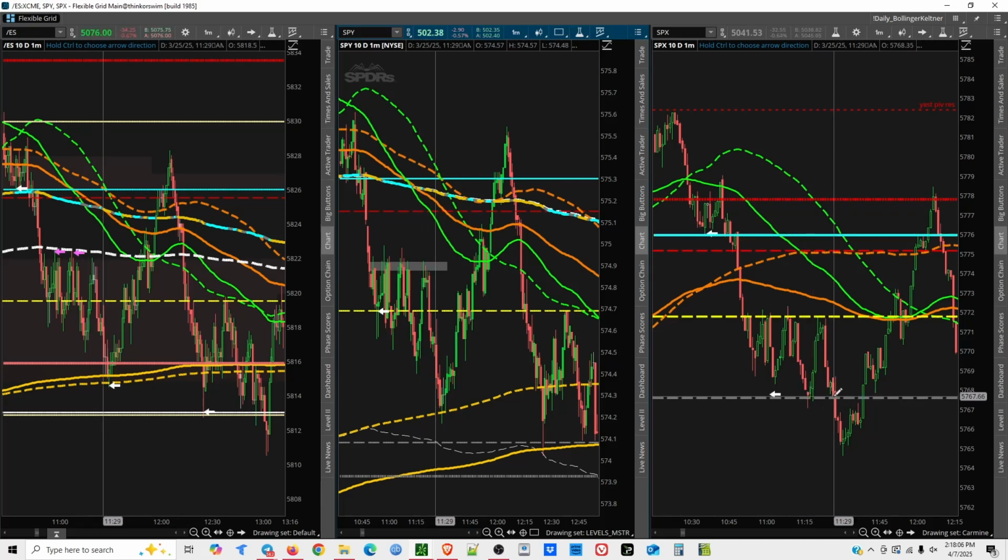Now, what is significant at this area? And why did SPX blow through its close and then bounce?